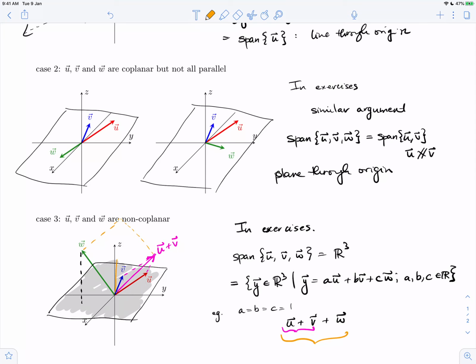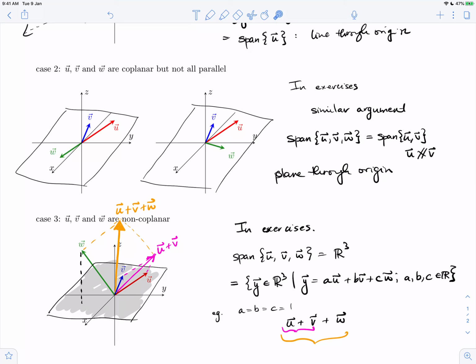You might call this a parallelepiped rule, but that's neither here nor there. u plus v plus w would be the resultant vector there. So you can see that in the very special case where the coefficients are all 1, that vector is being pulled into the center of the parallelepiped, if you will, between u, v, and w.